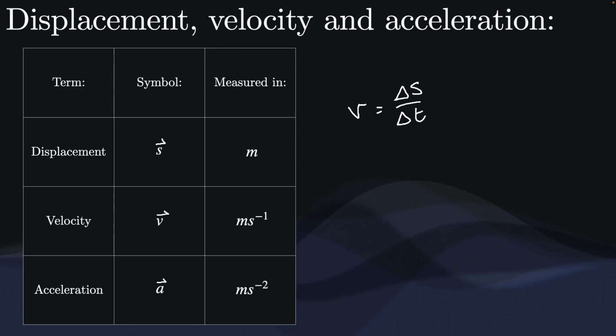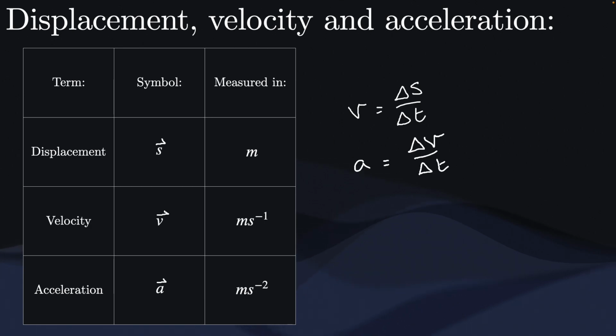Now, we have velocity, and then finally there's acceleration. Same concept as the difference between velocity and displacement, except acceleration is the rate of change of velocity. Therefore, we can define acceleration as equal to delta v over delta t.